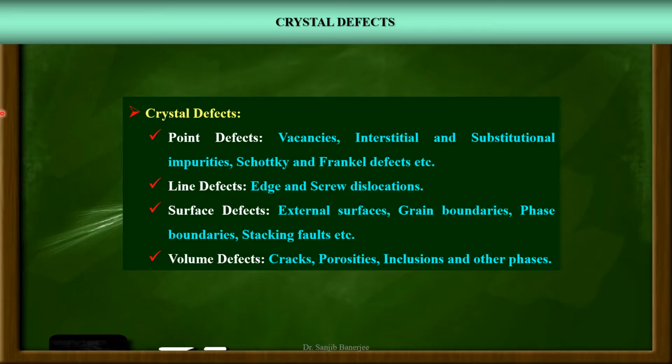Examples are the cracks, porosities, inclusions, and other phases. So, in the coming sections, we will learn about these different types of crystal defects in detail.